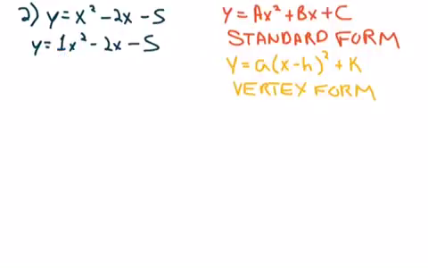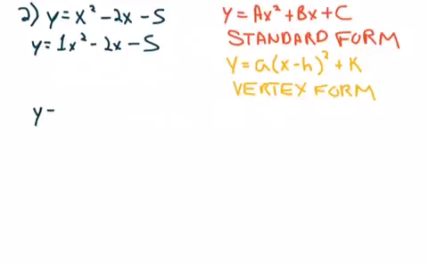There's just one extra step that we have to add in to convert a function in standard form to vertex form. But before we do, let's just look at this example first. So y is equal to x squared minus 2x minus 5. If you watched the EduCanon videos from yesterday, what I said was, let's start by rewriting this expression, but let's leave a gap between the term negative 2x and the constant term, negative 5.